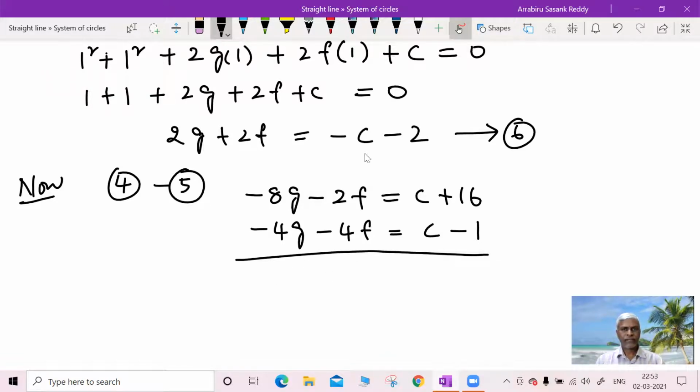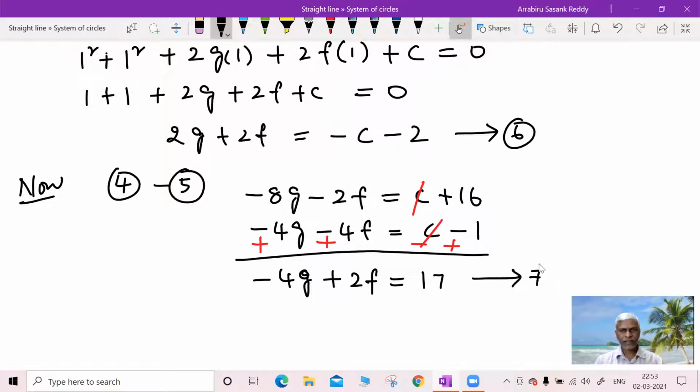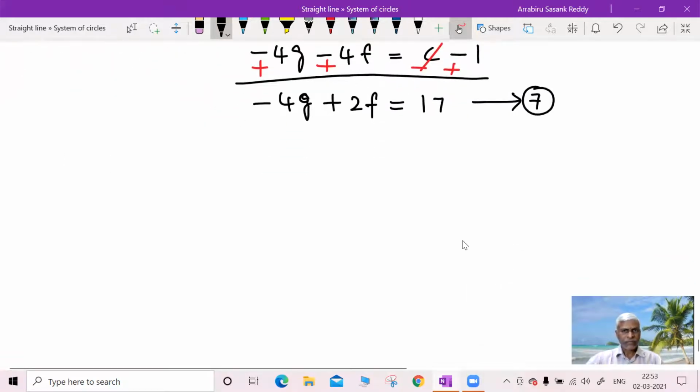Subtracting, c will get cancelled. Minus 8 plus 4 gives minus 4g, minus 2 plus 2f, and 16 plus 1 is 17. Let this be equation 7. C is eliminated.